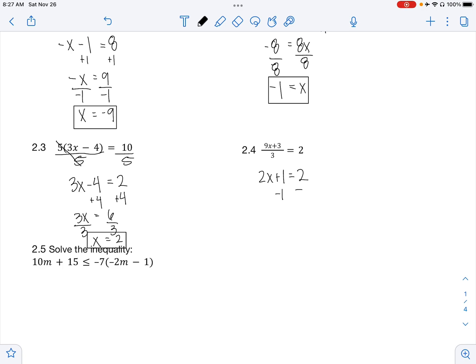Oh, I made a mistake. 9x divided by 3 is 3x. Subtract 1, so I get 3x equals 1. I'll divide by 3. Divide by 3, x equals 1/3. And keep it like that as a fraction. It doesn't need to be turned into a decimal. 1/3 is 1/3.